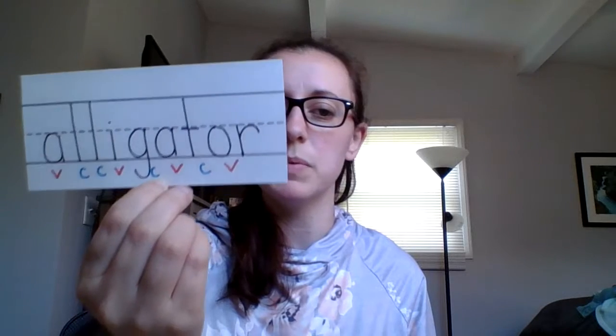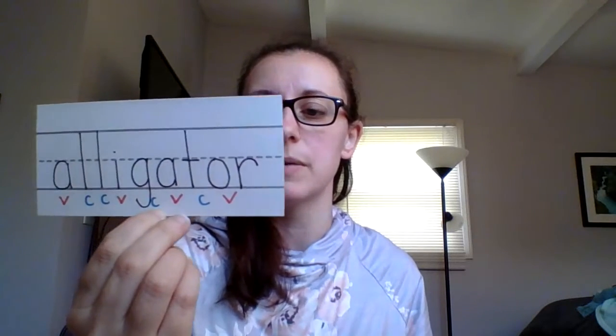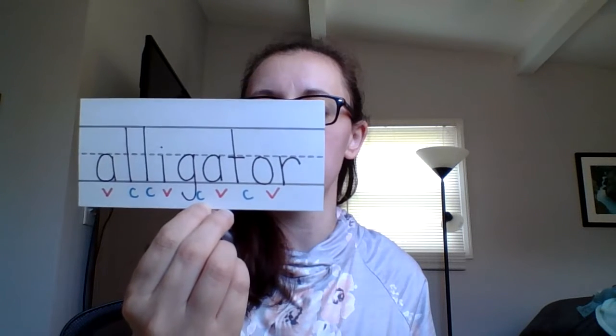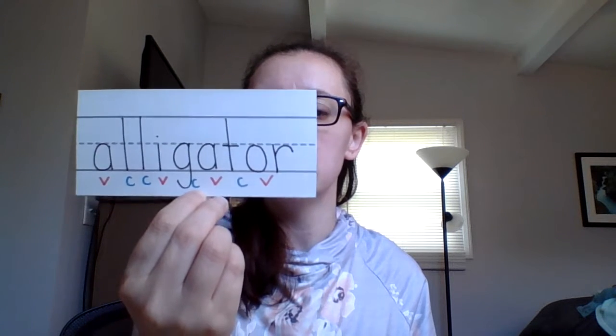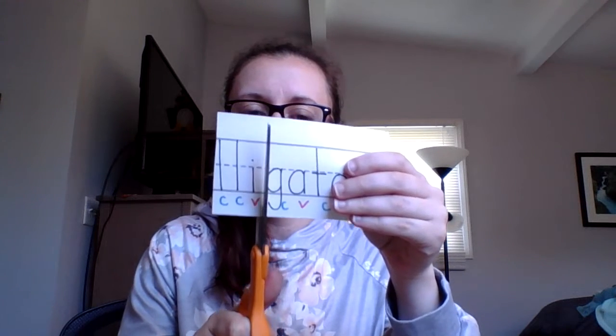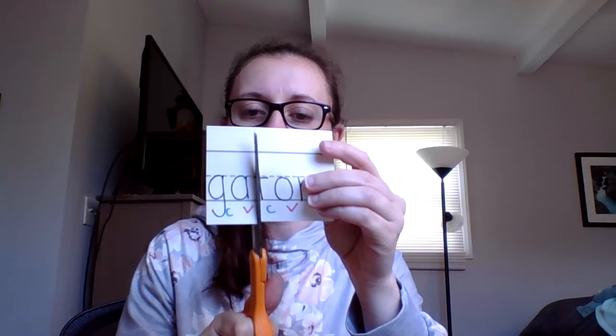Let's try one that's a little bit harder. Actually, it's a lot harder. This has four syllables because it has four vowels. But now I need to figure out where I can separate all of my syllables. So alligator: al, li, ga, tor.